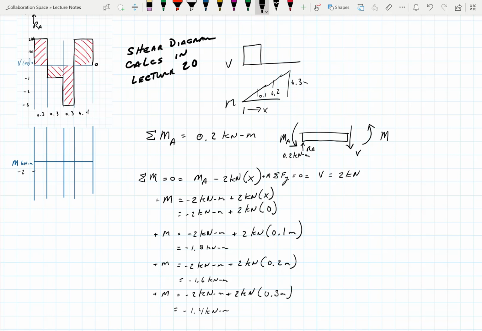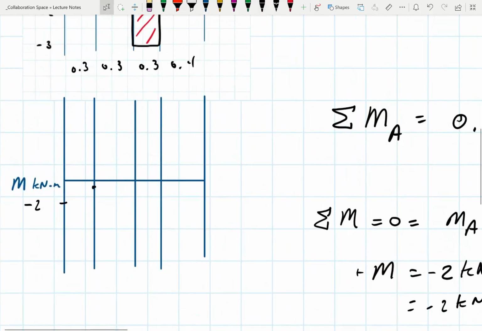Okay, that's 0.6, right? So from 2 to 0.6, that would give us this 1.4. Everybody following? Okay, so we're really right there. Let me get this zoomed in a bit here and get this out of here for a minute. Let's put that over here today.